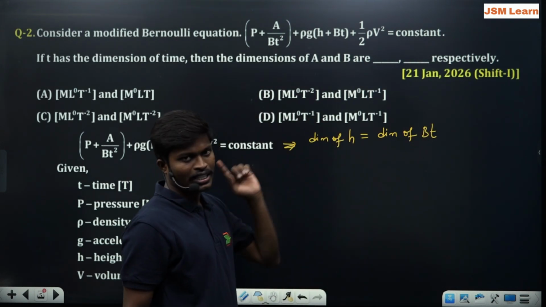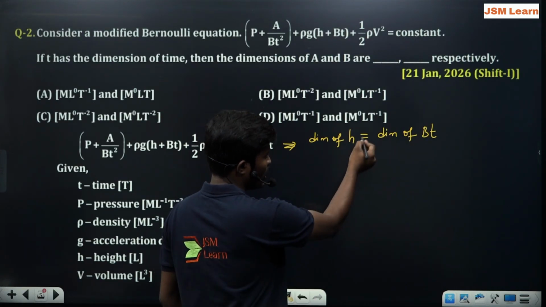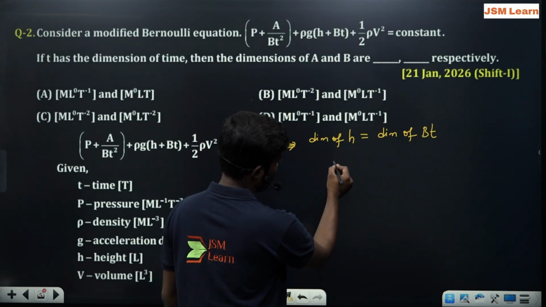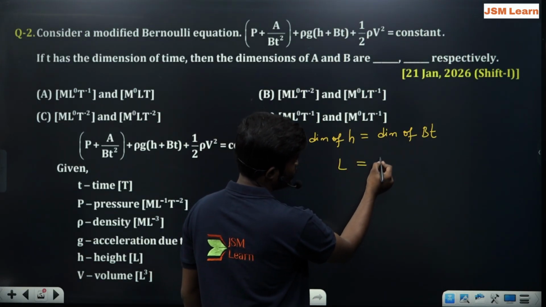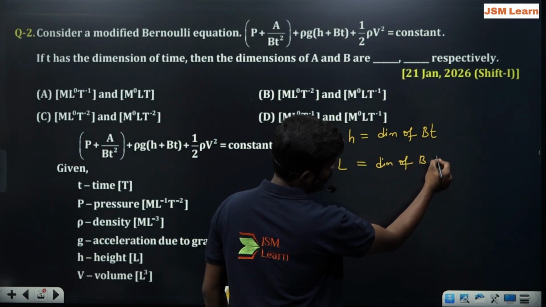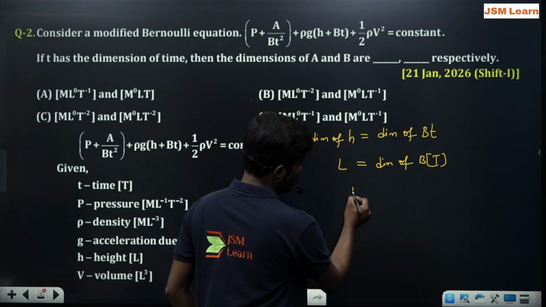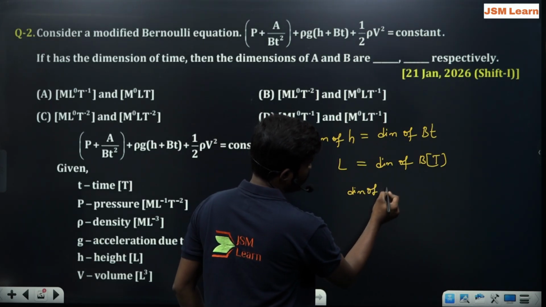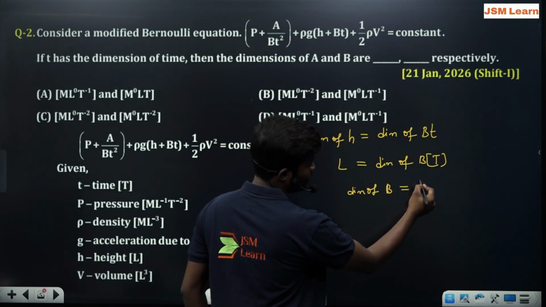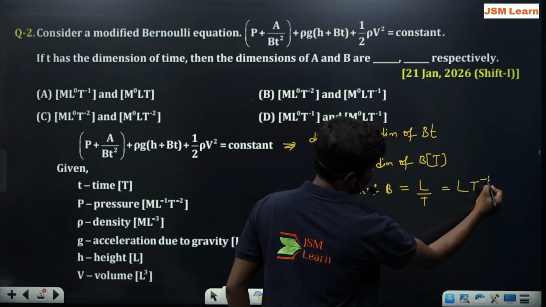Here t is nothing but time, b has unknown dimensions, and h is nothing but height. So we can take L is equal to the dimension of b into the dimension of t. If we take t to this side, we get the dimension of b equal to L by t, or we can say LT minus 1.